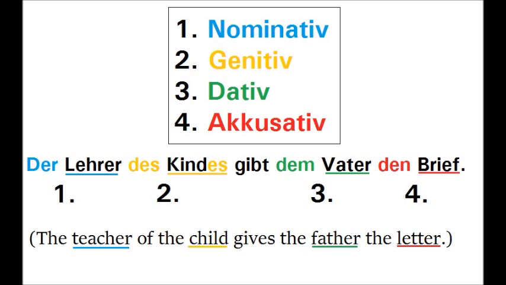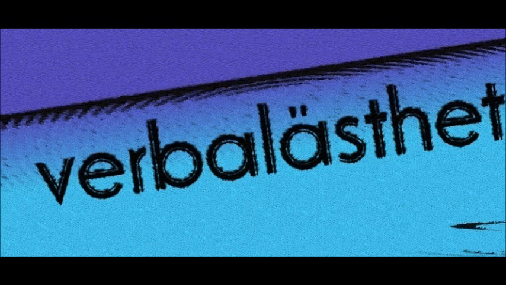So you see it's 1, 2, 3, 4. By the way, if you're wondering why there is an es at the end of Kind, that is an alternative to s. It is an older version of that grammar. This numeration is not very practical for learning purposes, but I just want to give you the information so you know which one the first, second, third, and fourth is.